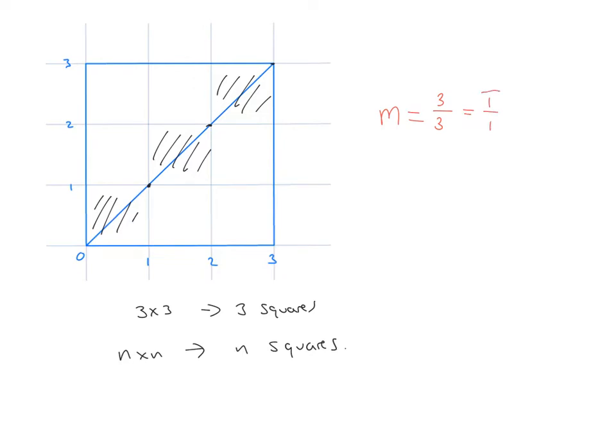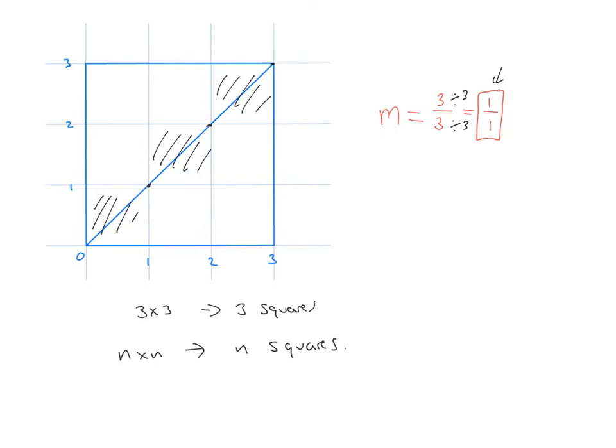So if we can figure out how many unit squares a diagonal goes through in a 1 by 1, we can just scale that up by 3, because dividing by 3 here is what gave us the slope, and that's telling us that there are 3 1 by 1s along the diagonal of a 3 by 3. But clearly the diagonal of a 1 by 1 is going to go through precisely one unit square.